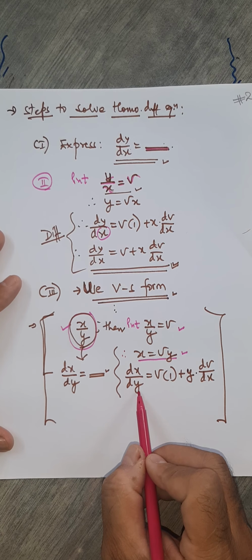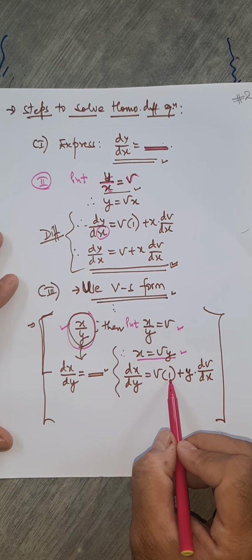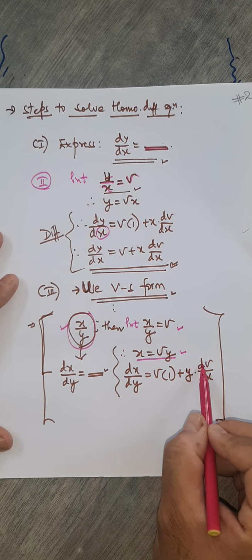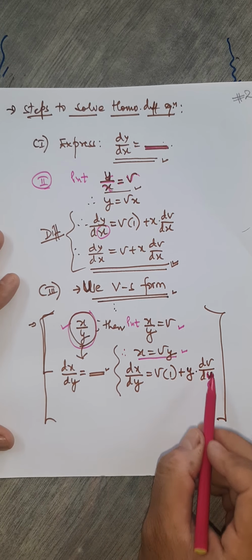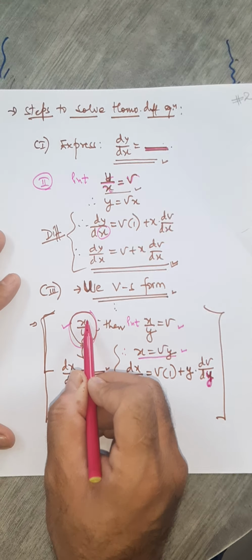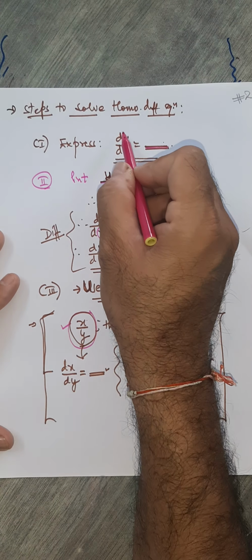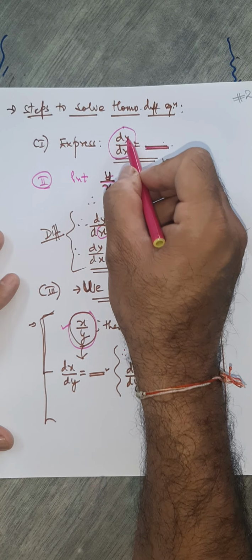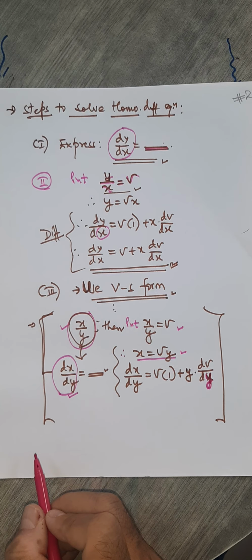Derivative of x with respect to y, dx by dy: v as it is, derivative of y with respect to y is 1, y as it is, derivative of v with respect to y, so dv by dy, sorry. And here when x by y is involved, you are not going to express it in the dy by dx form, but you are going to express it in the dx by dy form.